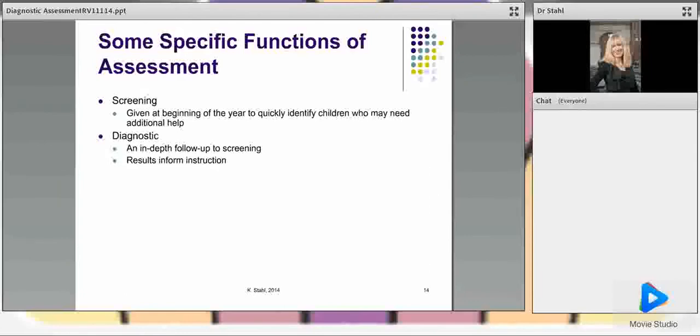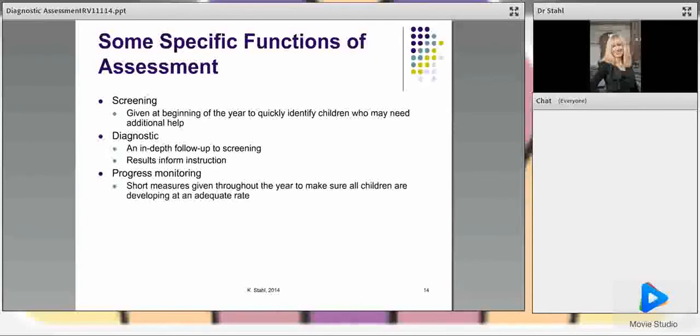Those results will inform our instruction and enable us to find what I like to call that sweet spot of instruction that is going to enable us to have nice outcomes on our progress monitoring. Because without a clear target, when we monitor children's progress, we will not get the results that we're looking for on those general outcome measures.